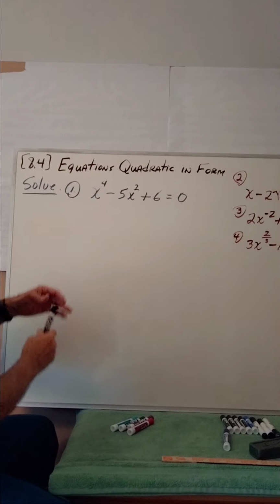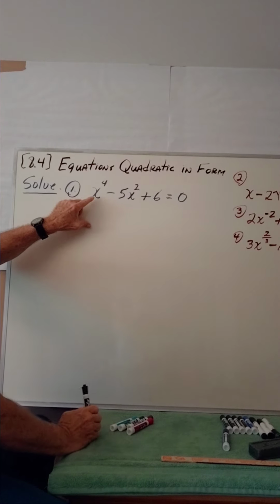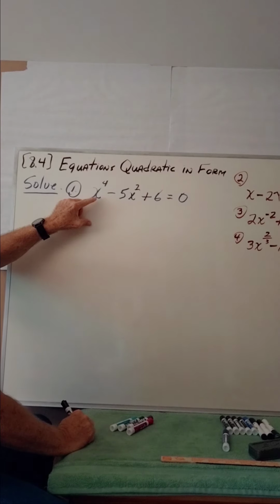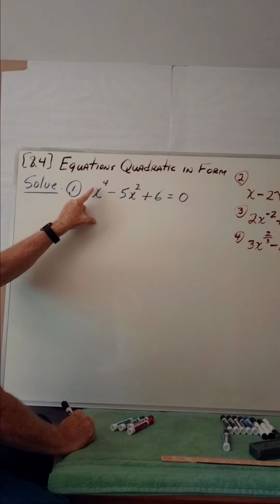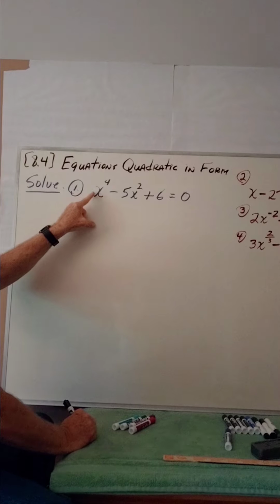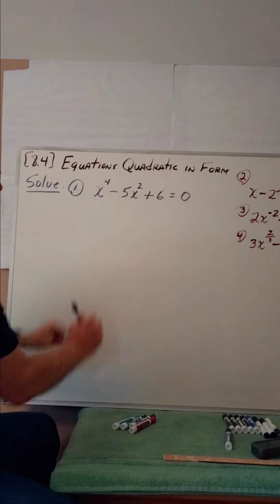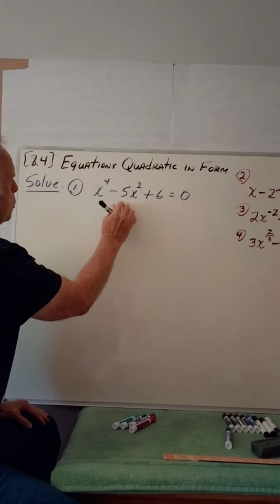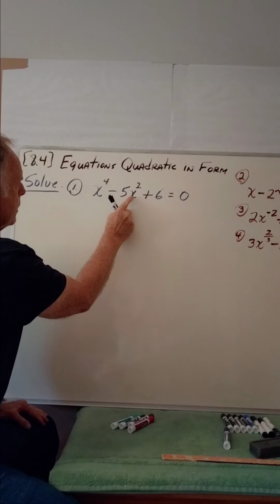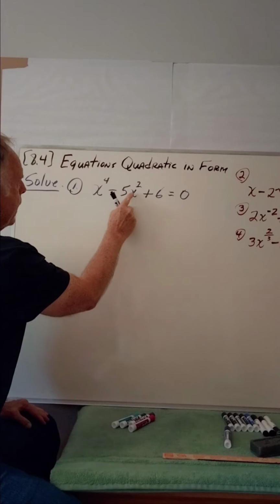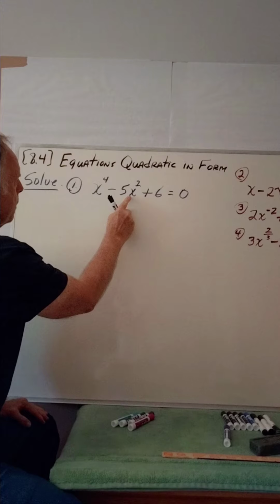Let me just run that statement by you again. Third characteristic, the variable factor of the first term must be equivalent to the square of the variable factor of the middle term.